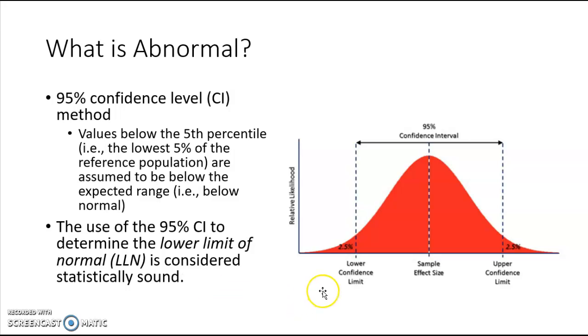So when you measure someone's pulmonary function test, if they score in less than this 95% confidence interval, then they are below the lower limit of normal, and so they are considered to be abnormal. I hope that makes sense. It gets a little confusing if you talk about it over and over.